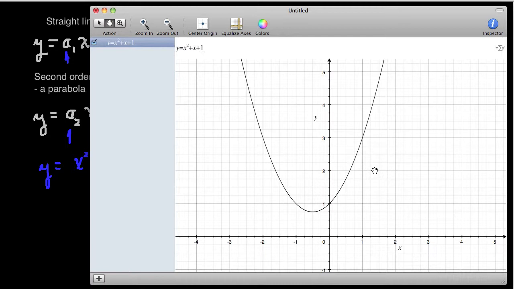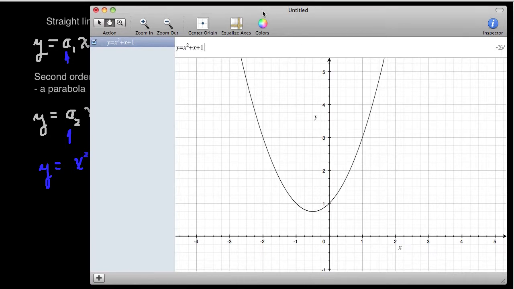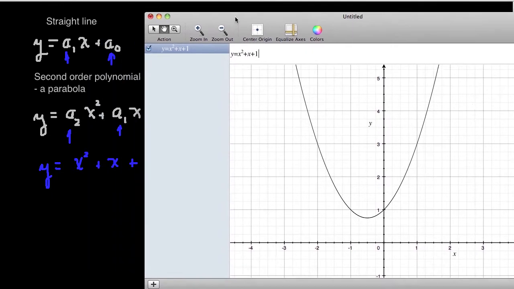However, we have previously discussed that instead of having this be y equal x squared plus x plus 1, we can allow the variable x to be complex valued, not simply real valued.